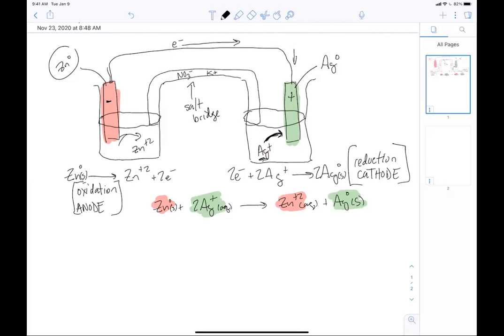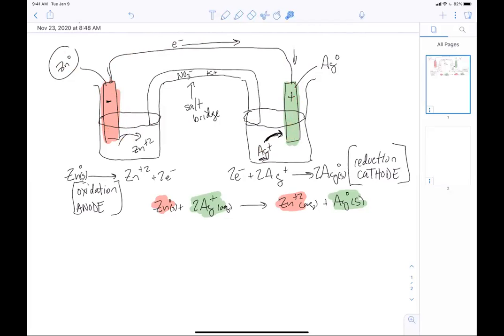It's going to dissolve into the solution. So I'm losing mass at this electrode. This electrode is slowly dissolving in solution as the zinc gets oxidized and loses electrons. And as the electrons flow over here, this silver is depositing onto the cathode, so I'm picking up mass over here as I gain these electrons.